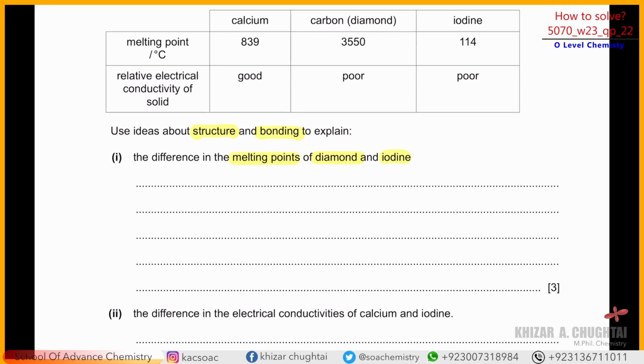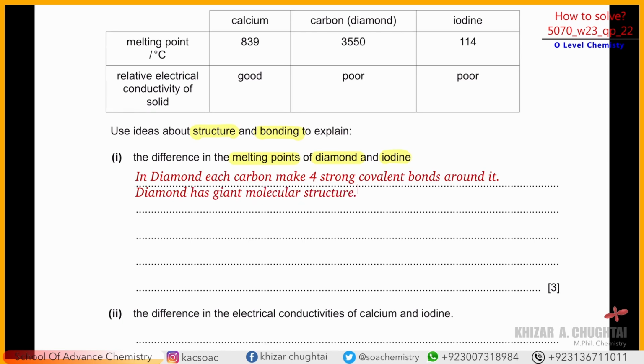In diamond, each carbon atom makes 4 strong covalent bonds, and the structure of diamond is a giant molecular structure or macromolecular structure.